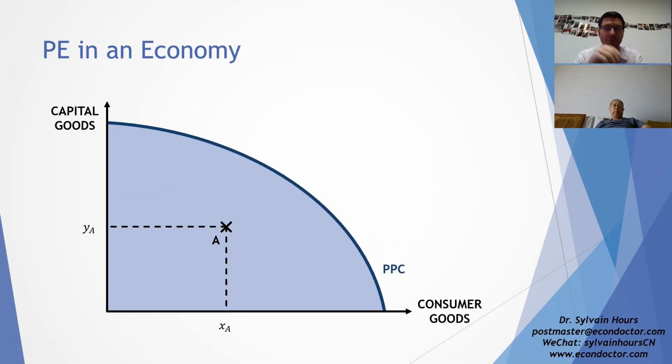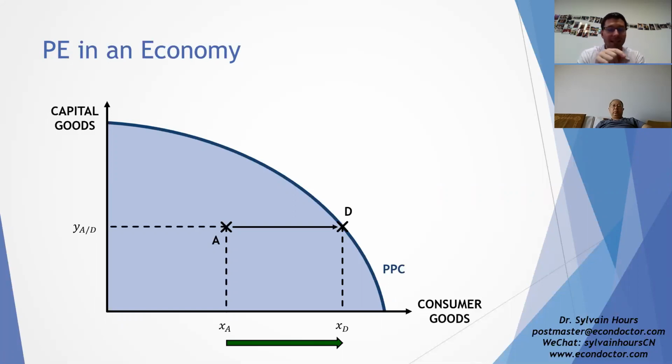And then they will think for a few seconds and they will tell you, no, we don't have to give up anything to produce more consumer goods. We could very well move from point A to point D, for example. We see that the production of consumer goods has increased, but the production of capital goods has remained the same.